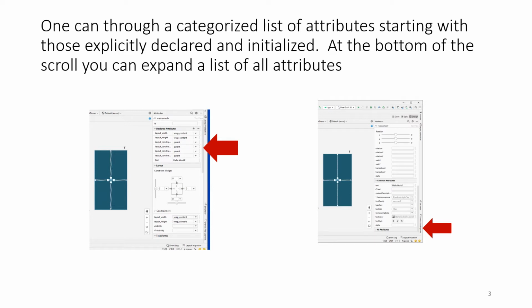So toward the top, it has certain declared attributes, certain common attributes that get used. But if we scroll down to the bottom of this list, we will find an expandable list that says all the attributes. So then it will be a very long list of every attribute that we might be able to affect this text view, this Hello World text view.